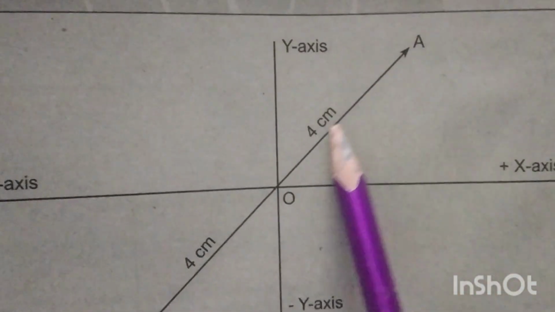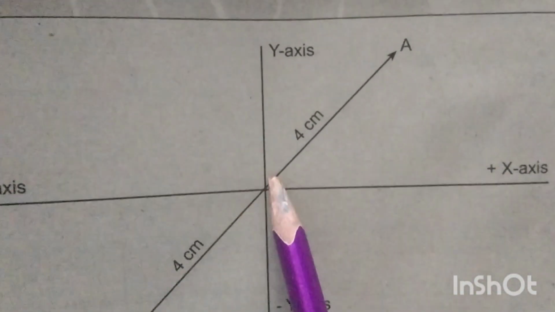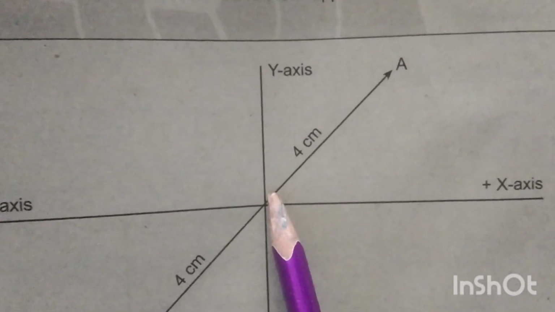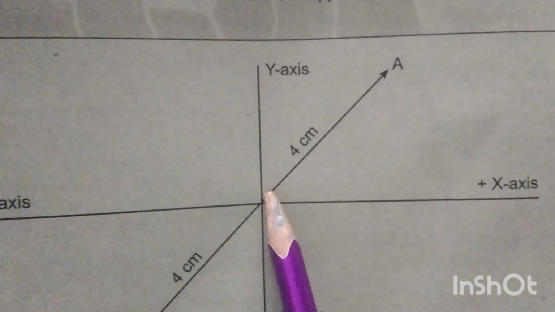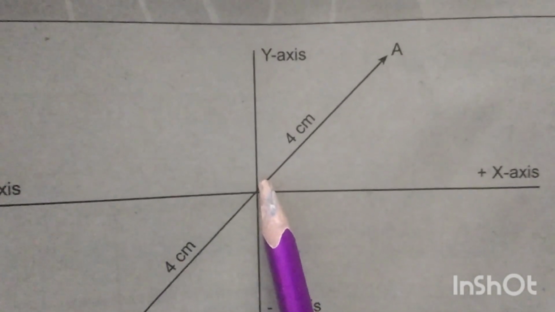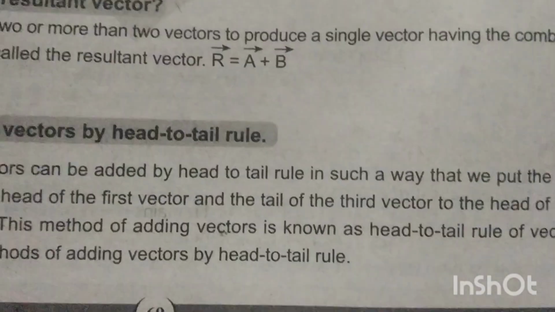Why? Because B is the negative of the first vector. So we can say A and B can be represented like this, and you can easily find which one is positive and which one is negative, irrespective of their magnitudes.